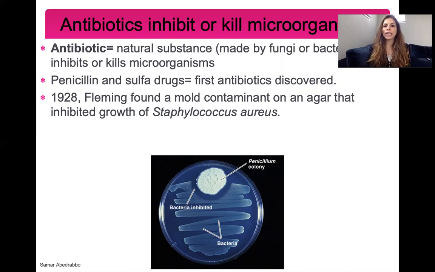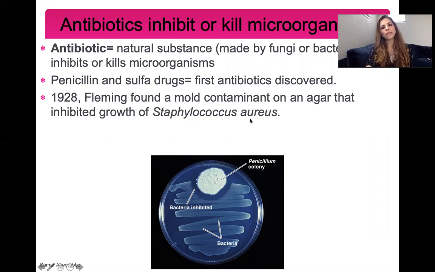In 1928, Alexander Fleming, a scientist, found a mold contaminant on an agar plate. He was growing Staphylococcus aureus on an agar plate, and the story is he left the plate over the weekend, or however long, on his lab bench, and when he came back he saw a mold growth, which was penicillin. Penicillin comes from mold, and around this colony he didn't see bacteria growing, so the bacteria had died, or their growth was inhibited.